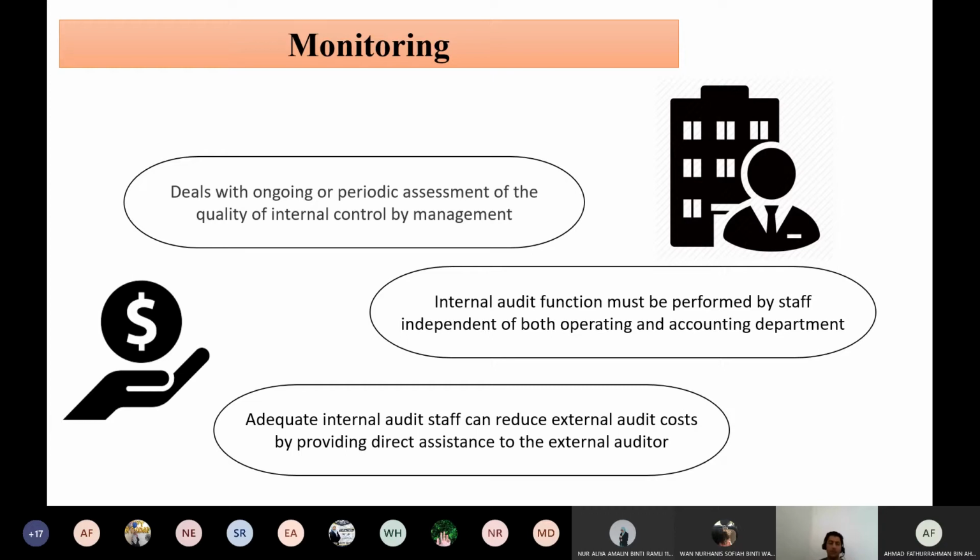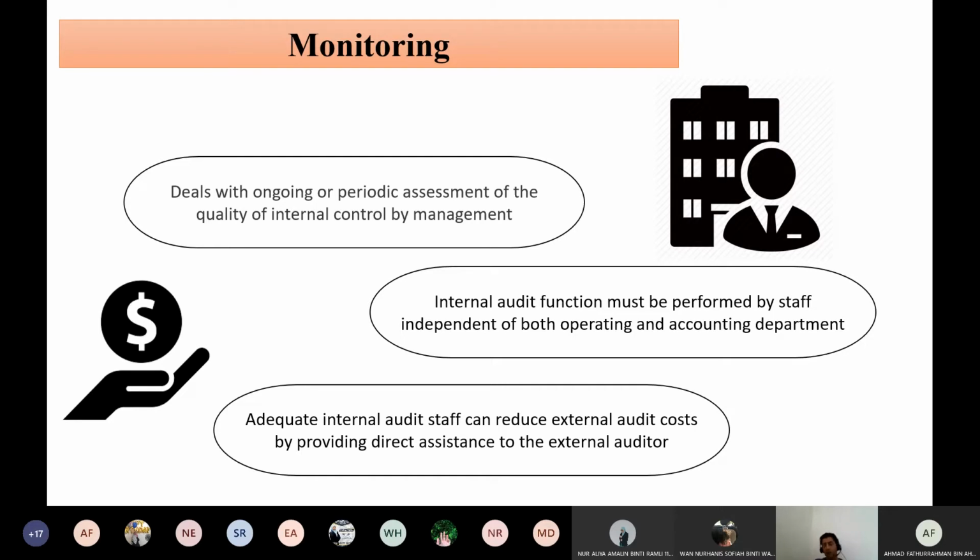Lastly, adequate internal audit staff can reduce external audit cost by providing direct assistance to the external auditor. This is another issue we may address later on, when discussing the reliance of the external auditor on the work of the internal audit function.